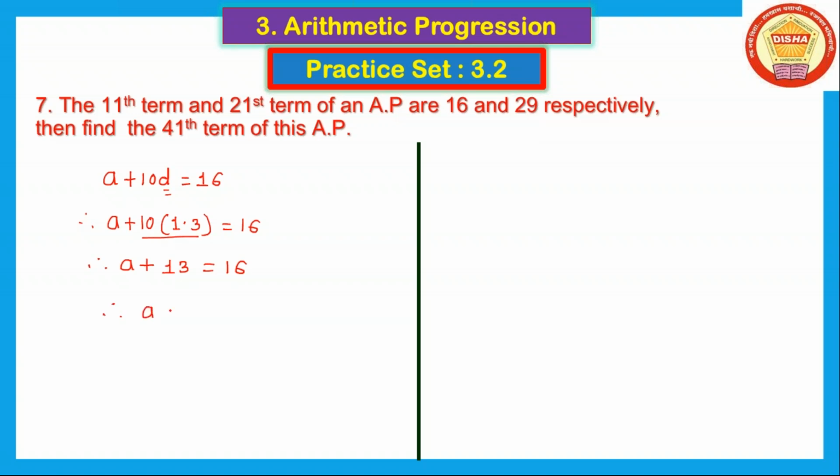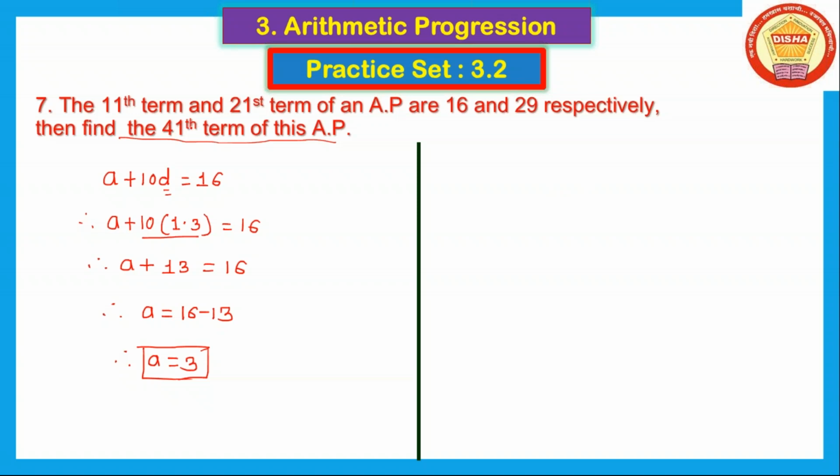Means a is equal to 16 minus 13, means the first term for the given example is 3. Means what are we doing here? We are finding the value of a, we are finding the value of d. For which purpose? The question is to find the 21st term.